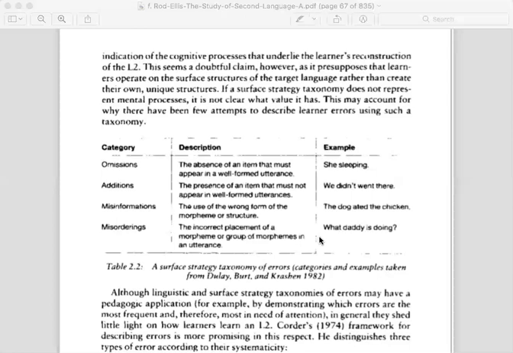Then there are systematic errors, which the learner cannot correct, but he knows the rules. He cannot apply the rule, but he knows the rule. And in post-systematic error, the learner is inconsistent with the use. Sometimes he's using the correct structures, and at other times he's not. Okay.